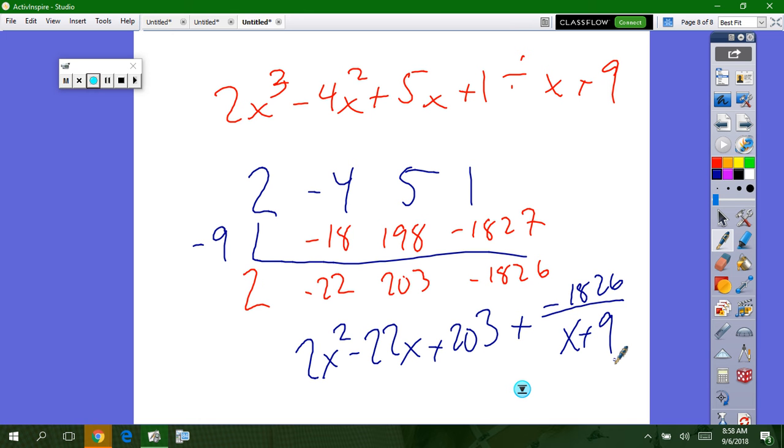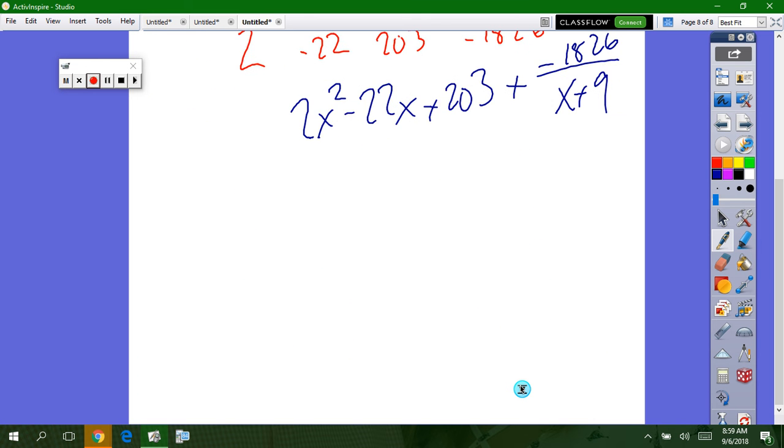What if we call this guy f of x up here again. I want you guys to tell me, how would we find f of negative 9? Tell me what I would do. Every time I saw an x, I would plug it in with a negative 9. You guys agree?